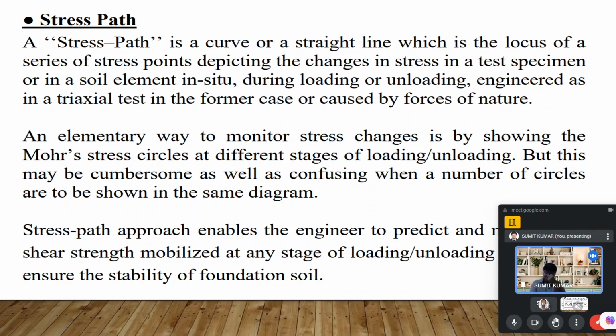On the basis of that, we draw the Mohr circles of different radii. Afterward, we draw a common tangent, but that sometimes seems to be confusing. So geotechnical investigators tried to find some other way to understand soil behavior, and they found the stress path concept. In the stress path concept, they try to plot the values of stresses on x and y axes.